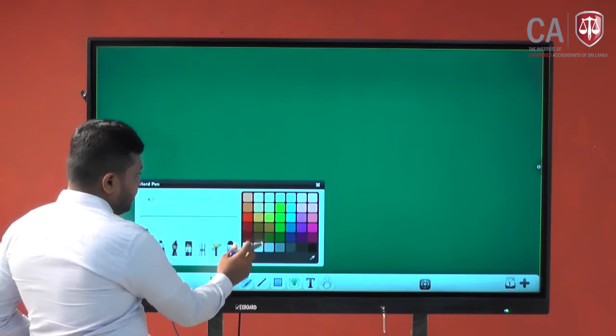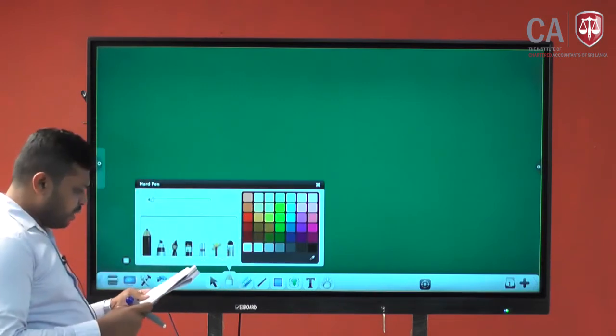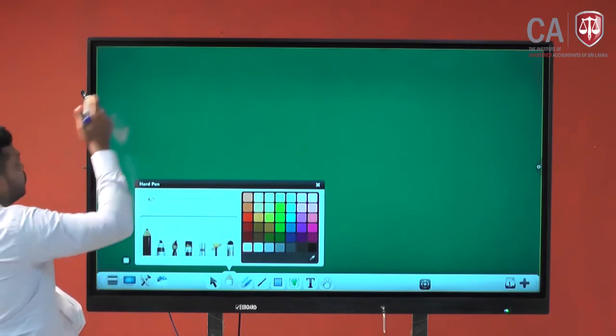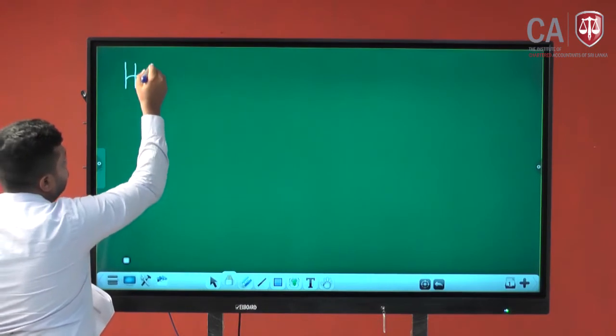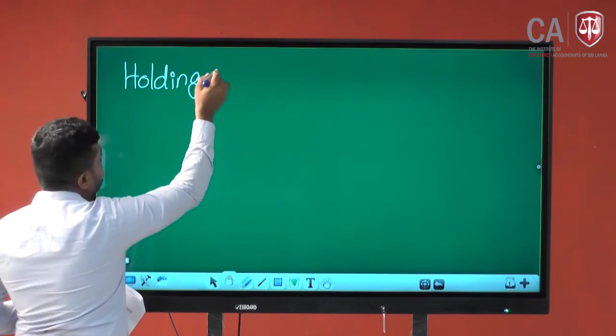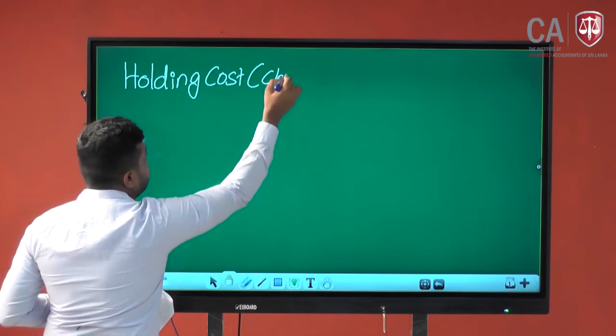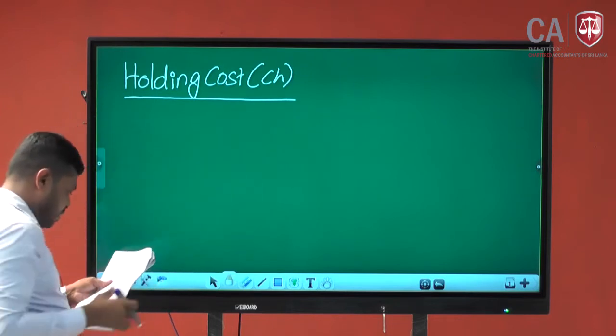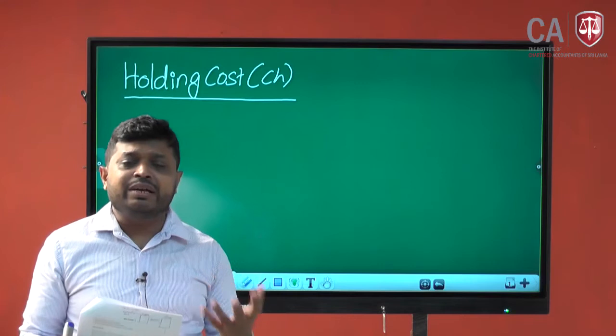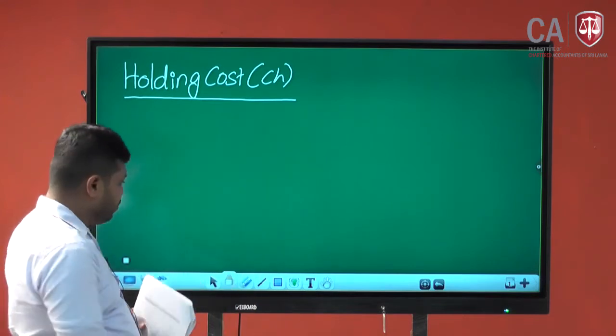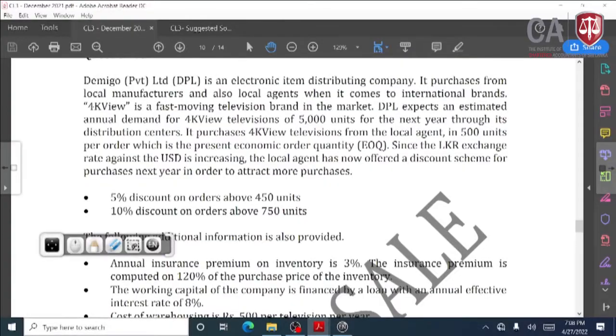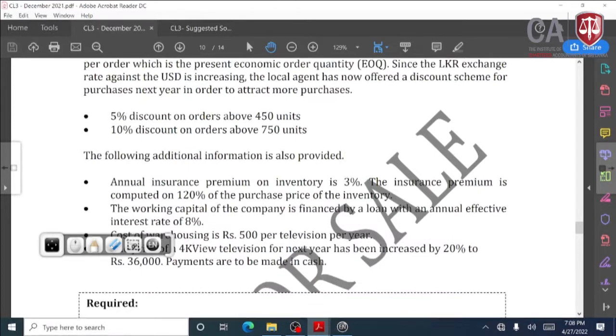Okay. With that idea, first we will calculate holding cost, CH. First you have to look at what is the current purchase price. If you go back and see, it has mentioned that annual insurance premium is related to the holding. If you hold more inventory, your insurance cost will be high. Annual insurance premium on inventory is 3%. The insurance premium is computed on 120% of the purchase price of the inventory.